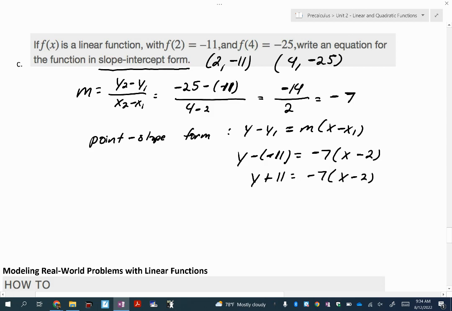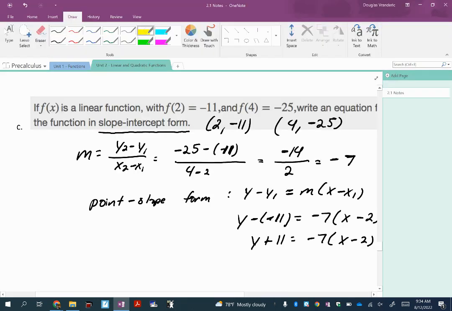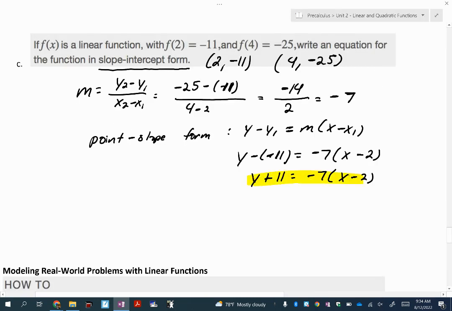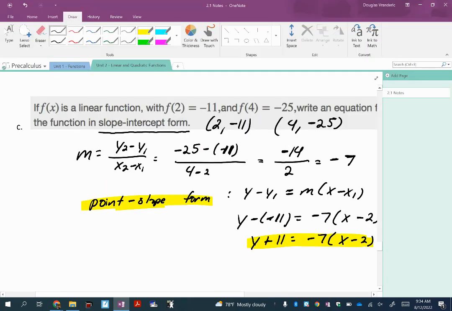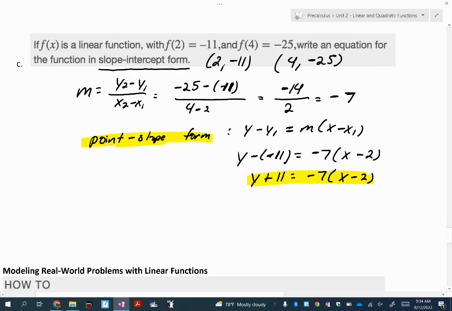Now I'm going to pause for a second and just make sure you understand that right here is point slope form. So everything I do after this, I'm not changing the actual function. I'm just changing kind of what it looks like. I like to use this example a lot in our school: if you're in your uniform on Monday and Monday is not a work day, you can wear a polo.